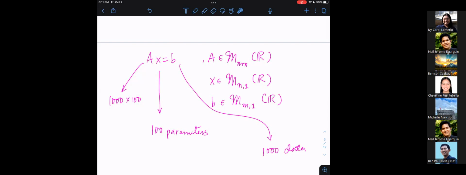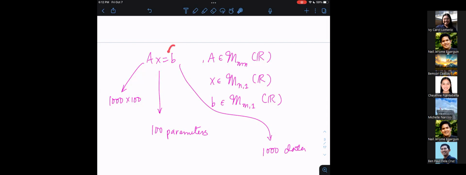So hinahati namin siya into a mesh of points. And of course, yung mga nakapag-finite element methods na dyan, or essentially kahit anong modeling or anong klase ng mathematical problem, gusto mo laging dinidiscretize yung sample into a large number of data points just to capture the essence of the right-hand side.